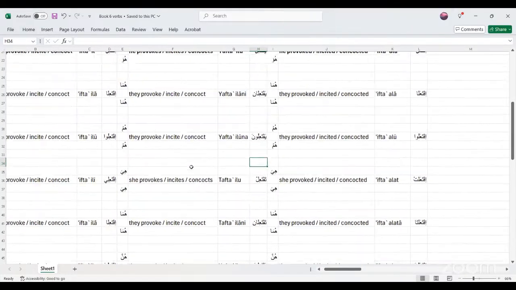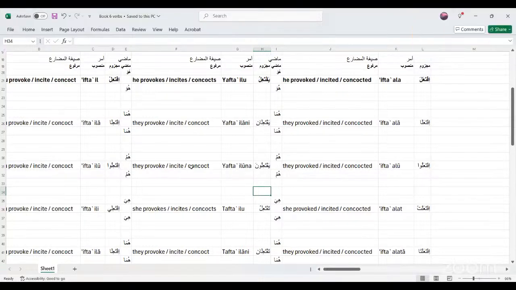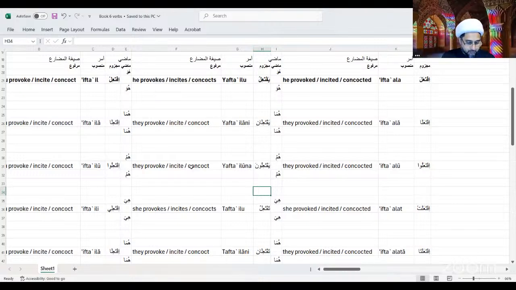Ijtami', mim having a kasra. Conjugate the forms, please. Ijtami', ijtami'a, ijtami'u, ijtami'i, ijtami'a, ijtami'na. Correct.